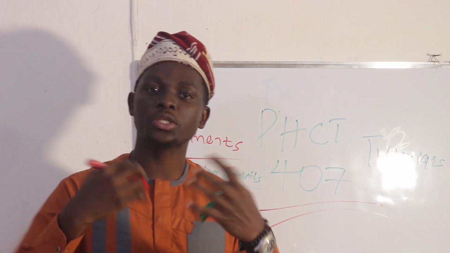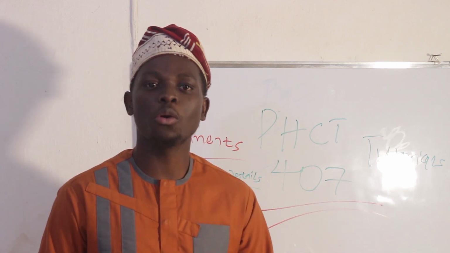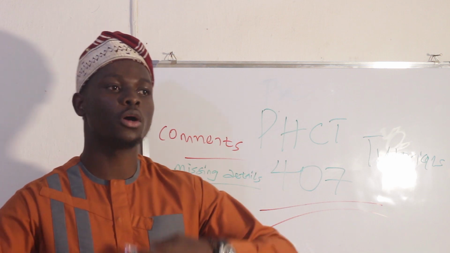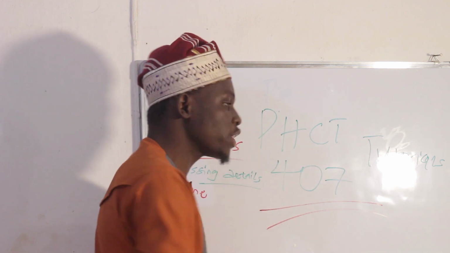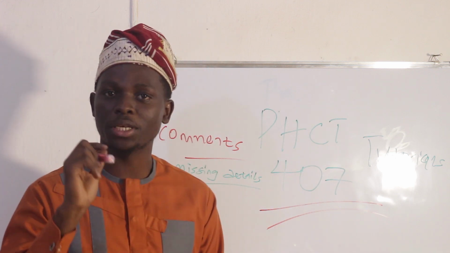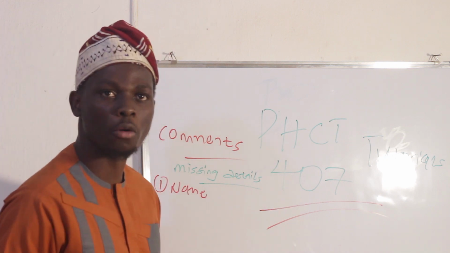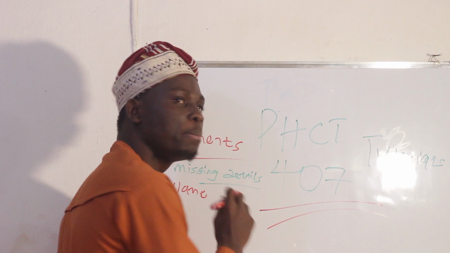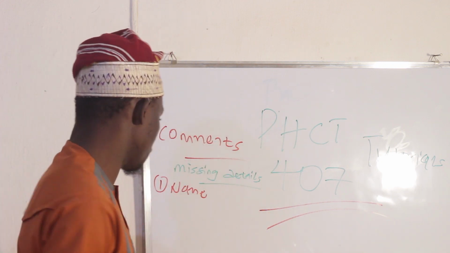You may be given a prescription or a product where the name of the patient is not stated. In Dispensing 306, they would tell you, when you are given a product, to write your own name. But in Dispensing 407, don't make that mistake. If the name of the patient is not stated in your product, make sure you write it as part of your comment and say, name of the patient not stated. So the first thing you look out for is the name of the patient.